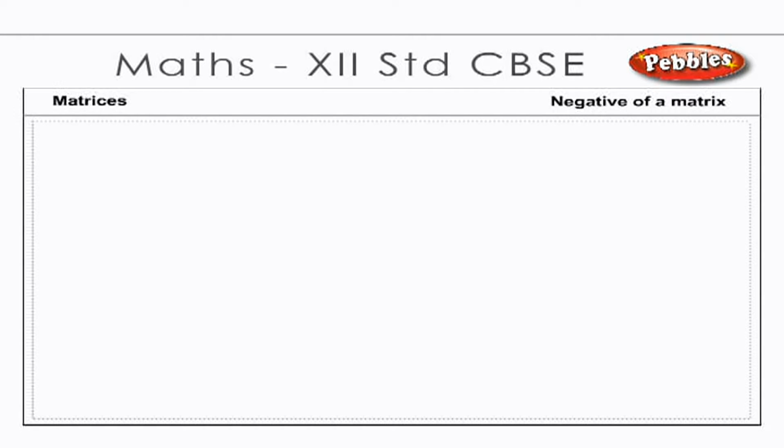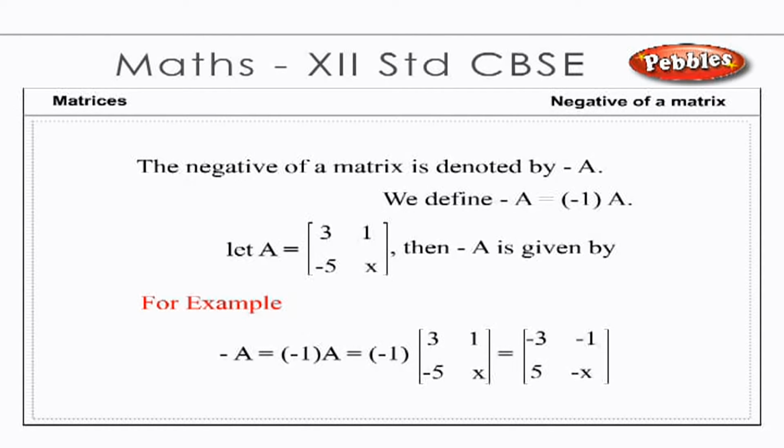Negative of a matrix. The negative of a matrix is denoted by minus A. We define minus A as minus 1 into A.